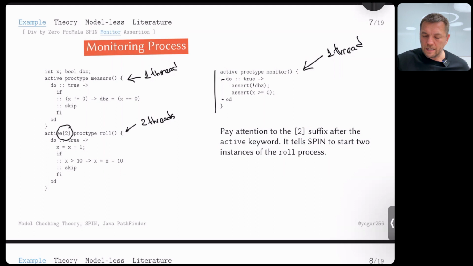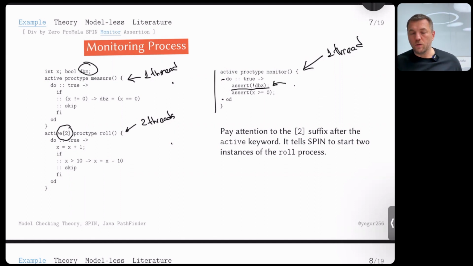Again, the endless cycle, and 2 assertions. It says, assert that there is no division by 0. So these 2 guys will run endlessly, and this one will watch them. It will also run in parallel, and it will check if the division by 0 is ever set to true. We don't want to set it to true ever.